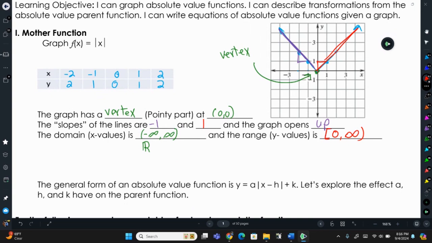We always use a parenthesis with infinity. So the smallest y value we have is 0, and it goes all the way up to infinity, and 0 is included, so we have that bracket. This bracket means included. The parenthesis is not included. And we're going to talk about domain and range more a little bit later.